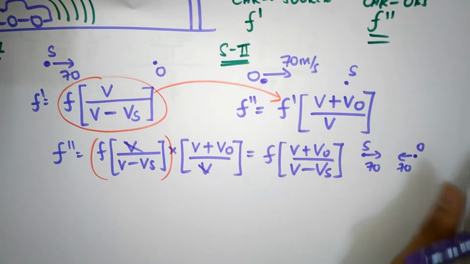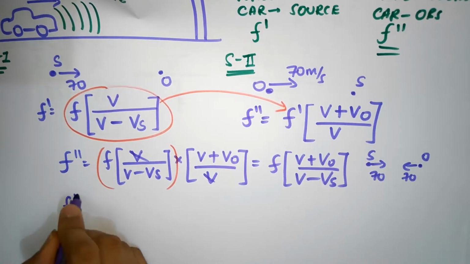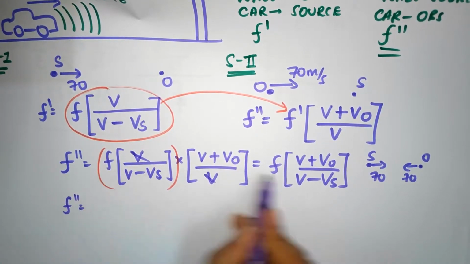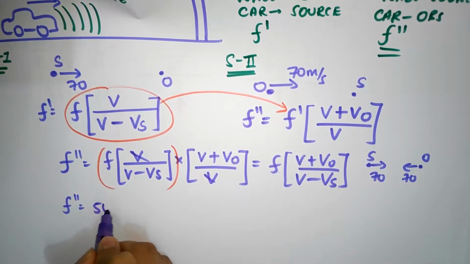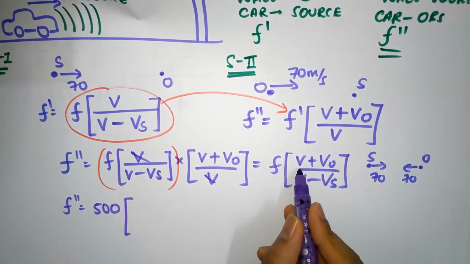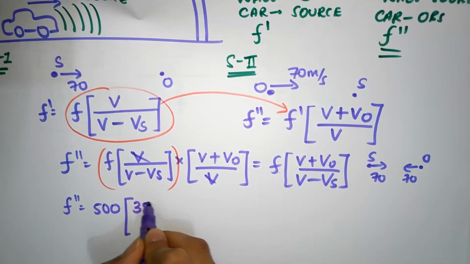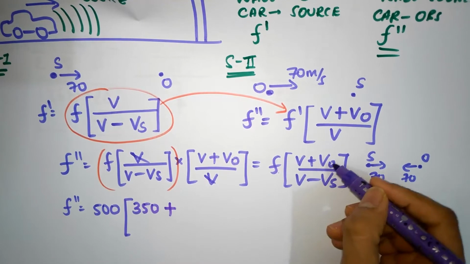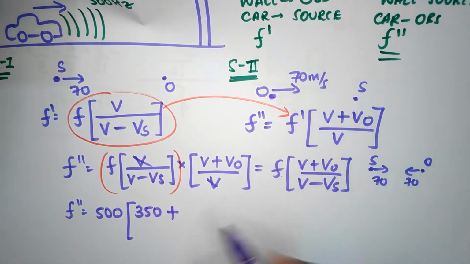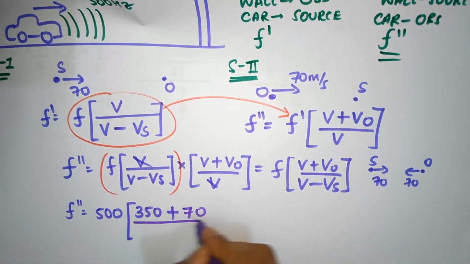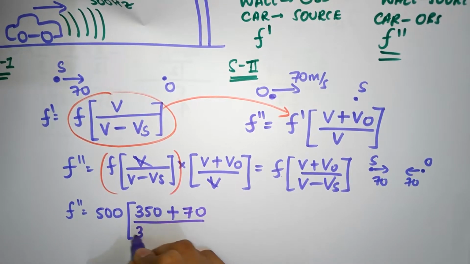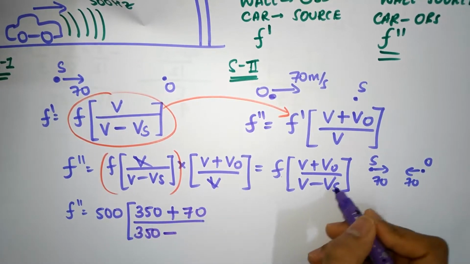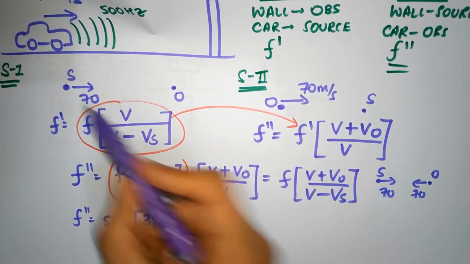So let's now substitute the values. We get the original frequency, 500, multiplied by the velocity of sound, 350, plus the velocity of the observer, which is moving at 70, divided by 350 minus the velocity of the source, which is also moving at 70.